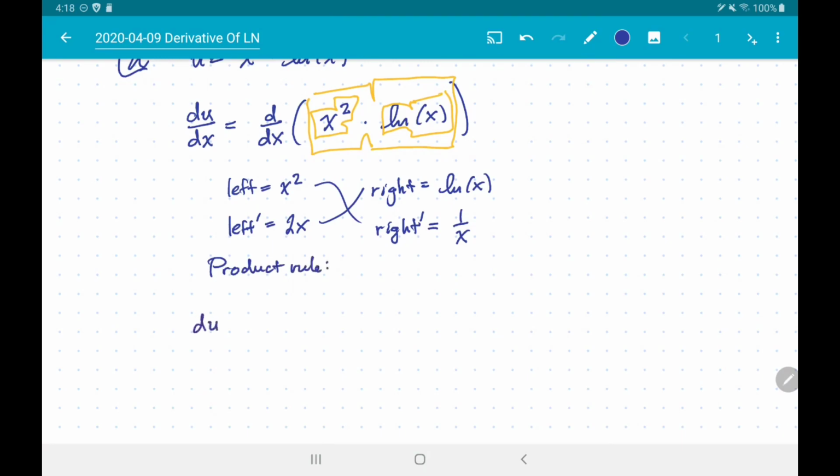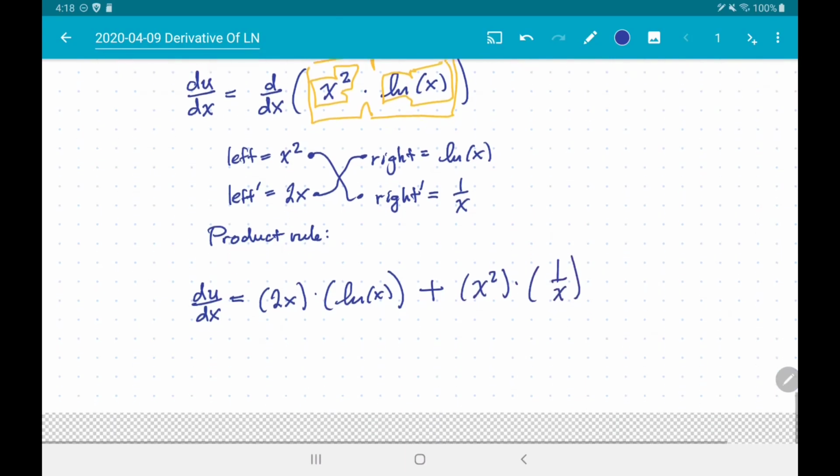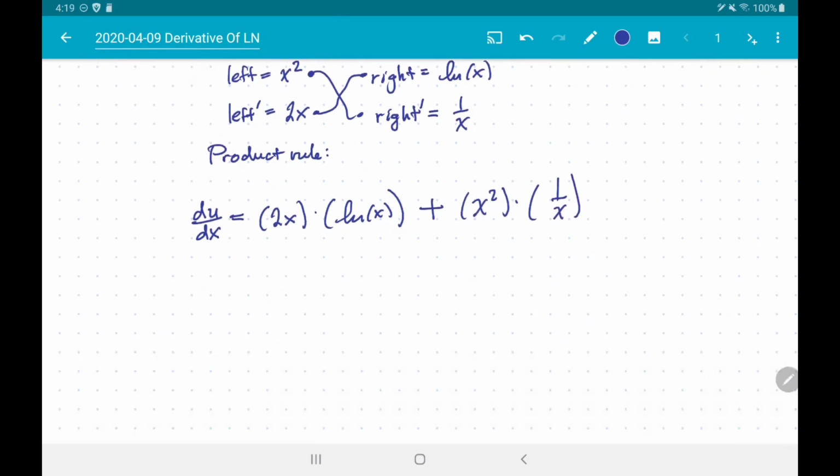Okay, du over dx. Remember the product rule, derivative of the left times a copy of the right. So 2x times ln of x plus a copy of the left, x squared, times the derivative of the right, 1 over x. Okay, take a look at that.